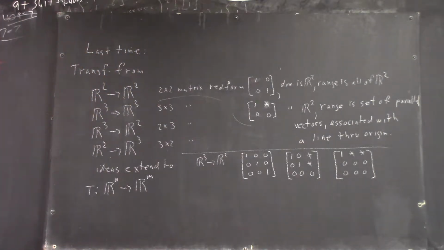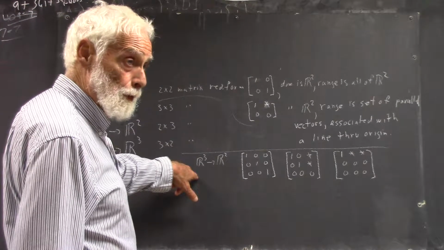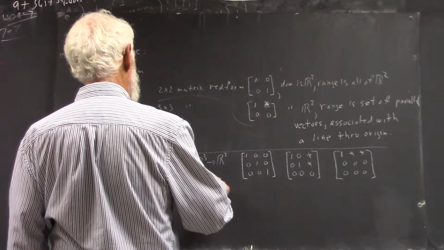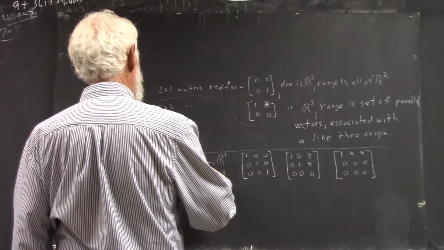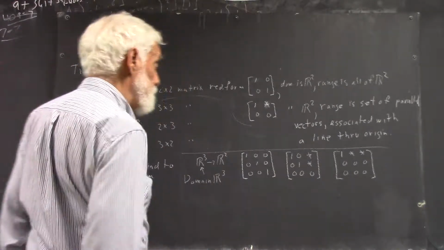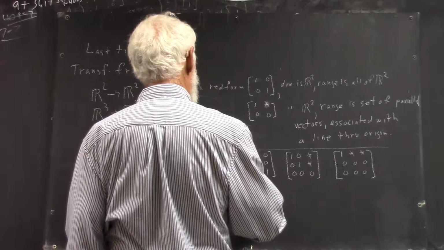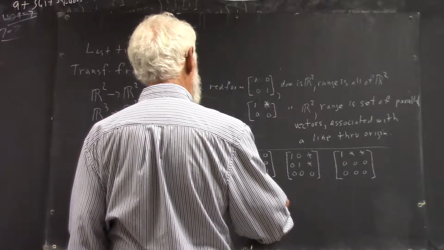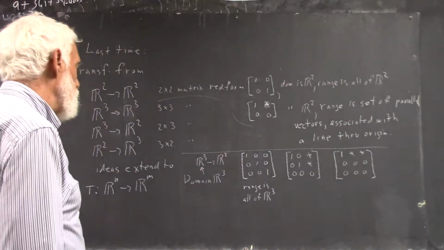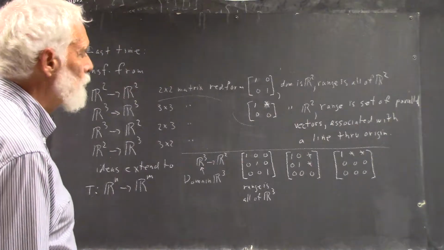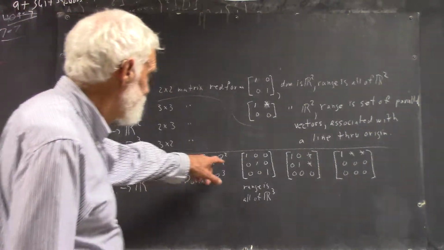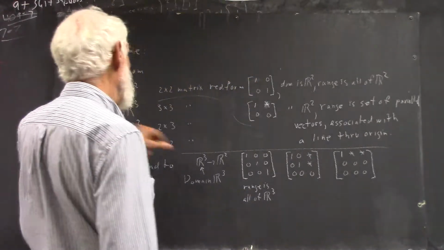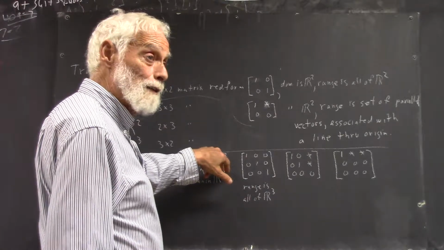Okay. The domain is clearly R3. Write a transformation like this. Here. The range is, wait a minute, this is R3 to R2. So R3 to R3, so I was doing R3 to R3, even though I knew I was going to do R3 to R2, and wrote it down like that, right?